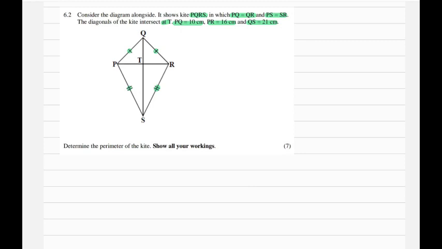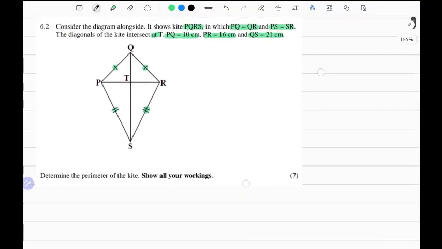So I think it's worth noting those measurements on the diagram.